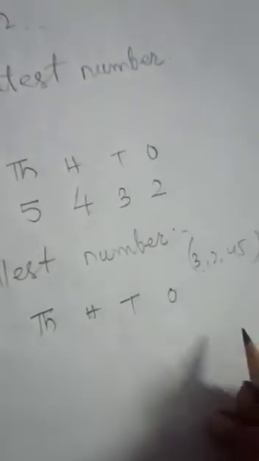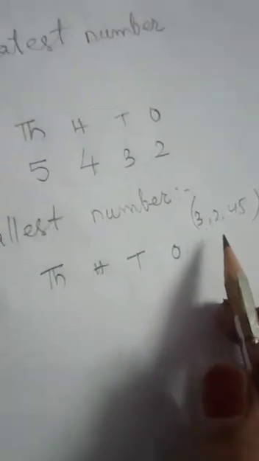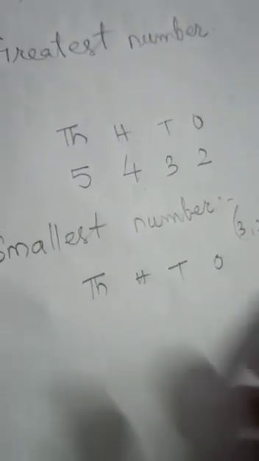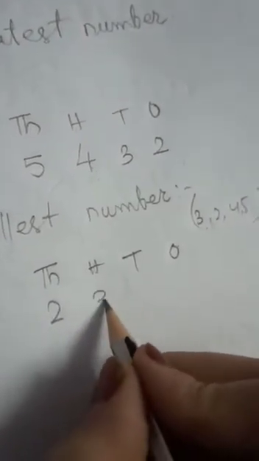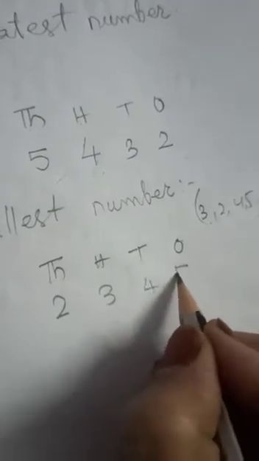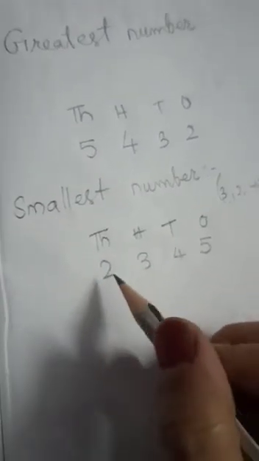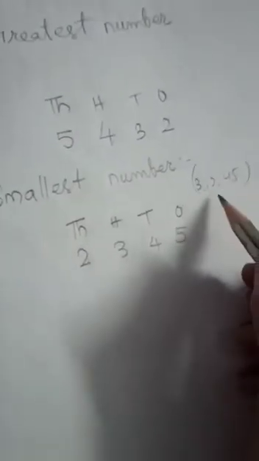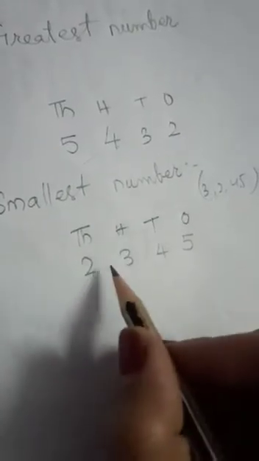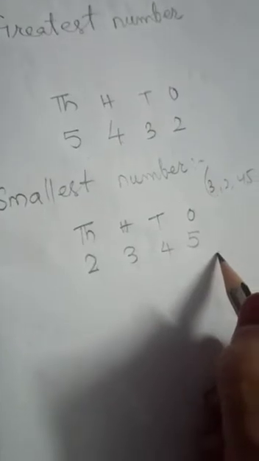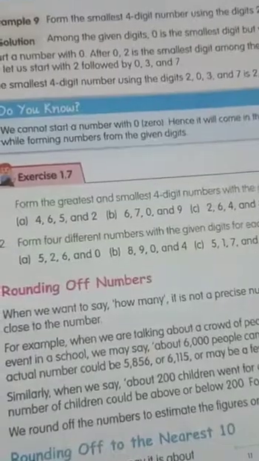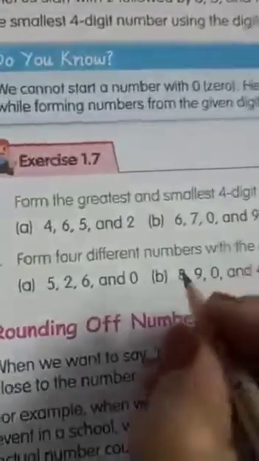Ascending order is nothing but from small to big. So the smallest number here is 2, 3, 4, 5. So we have formed the smallest number by using the given digits, that is 2345.